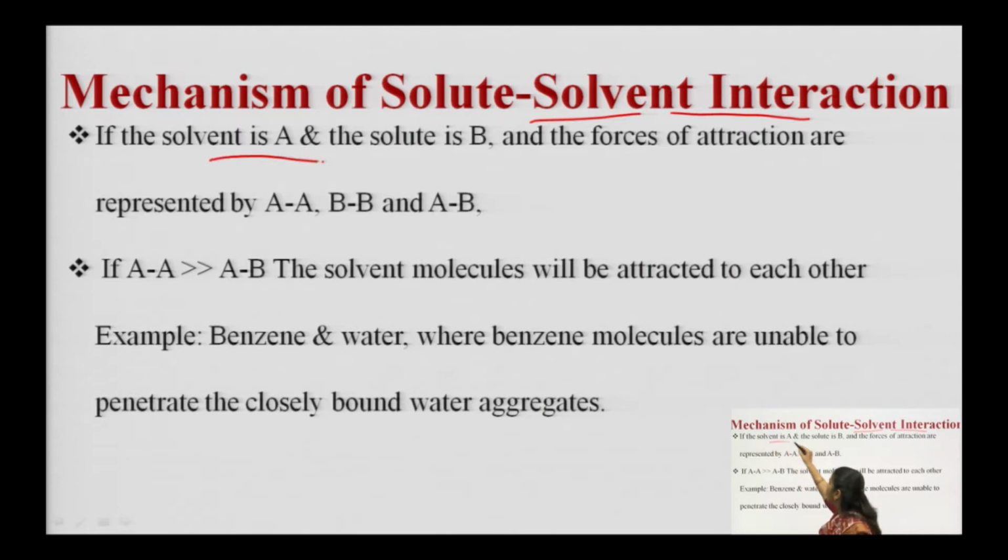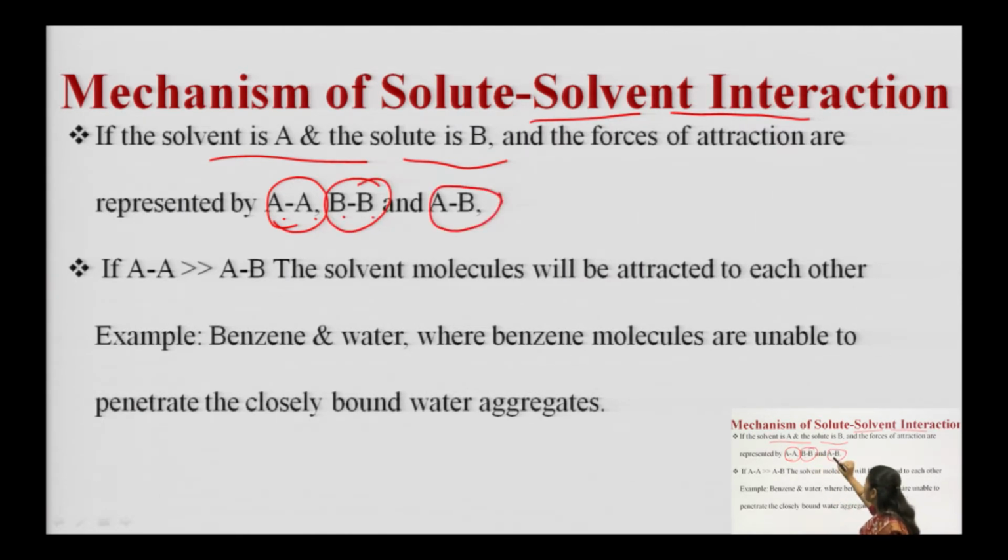If the solvent is A and the solute is B, the force of attraction is represented by AA, the force of attraction between solvent molecules, BB, the force of attraction between solute molecules, and AB, the force of attraction between the solvent and the solute.